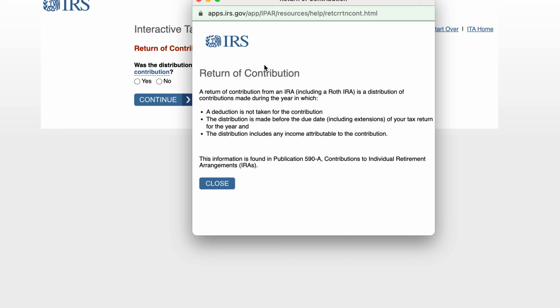You can do that, but you would have to also estimate or calculate how much income was in your IRA as a result of that contribution. So if that contribution earned, say, 6% annually, but for that 6-month period it earned 3%, then you would have to withdraw the full $10,000 plus $300, which is the 3%.